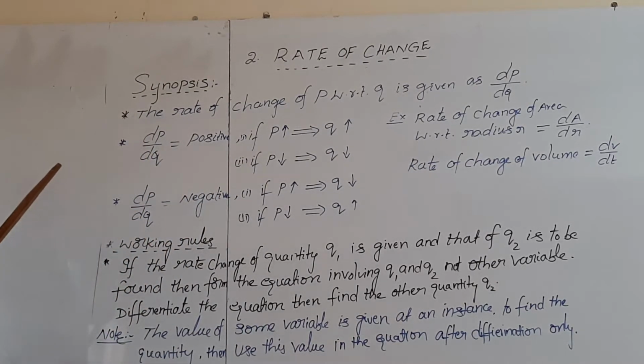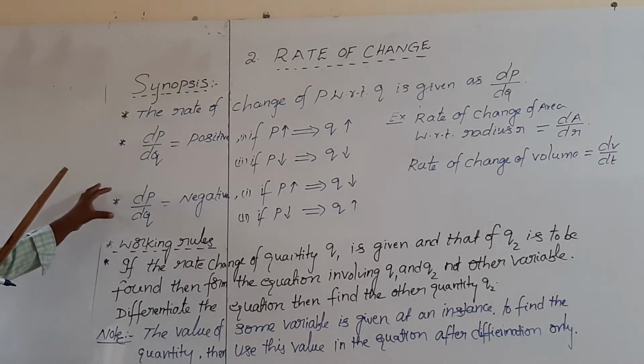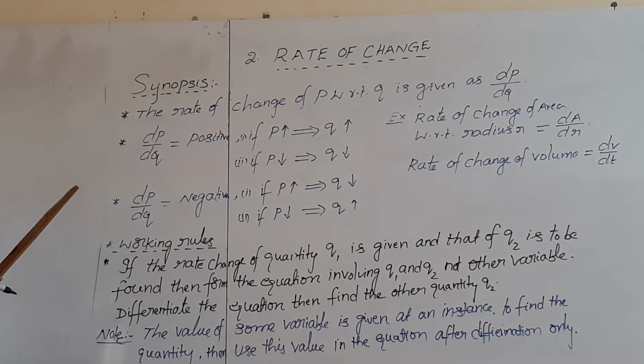In rate of change, how to find the value? To find the values, we have to use some working rules.